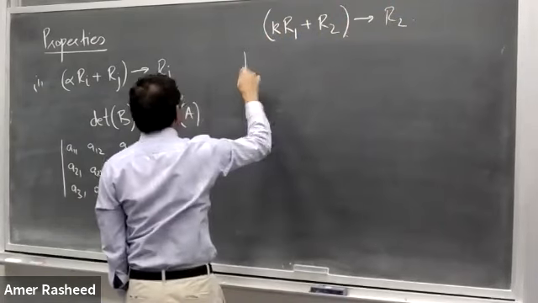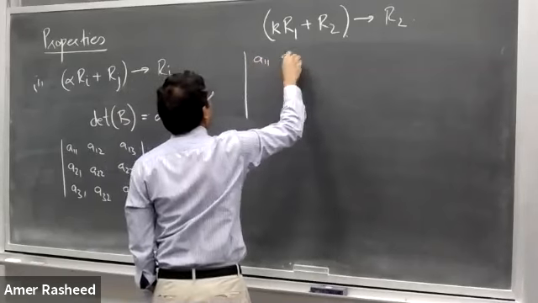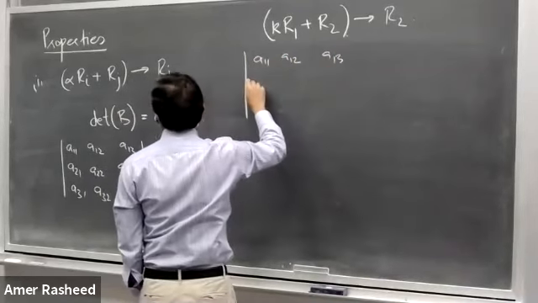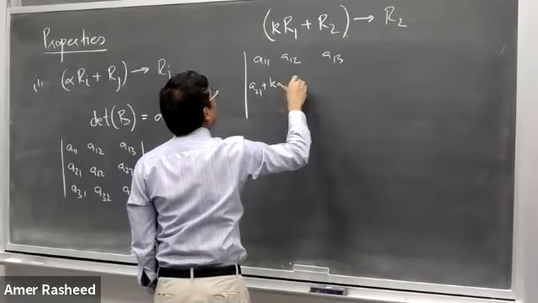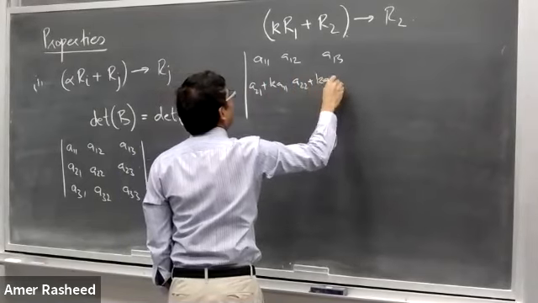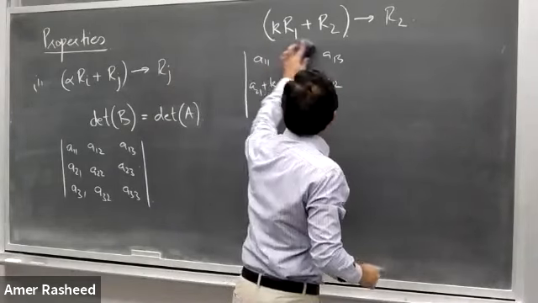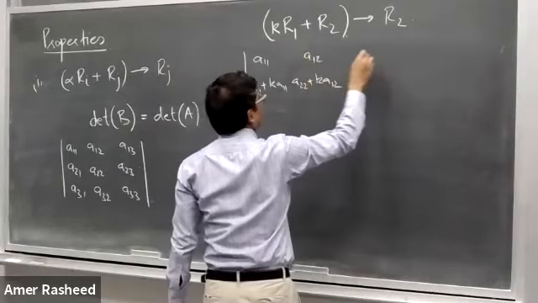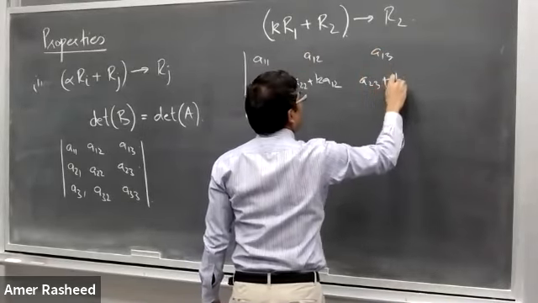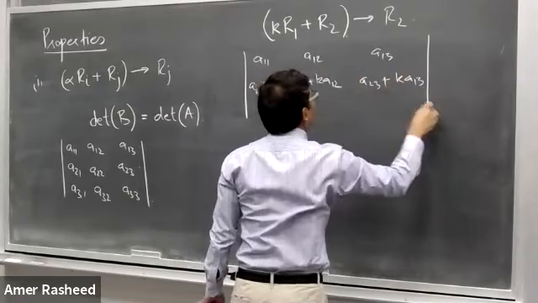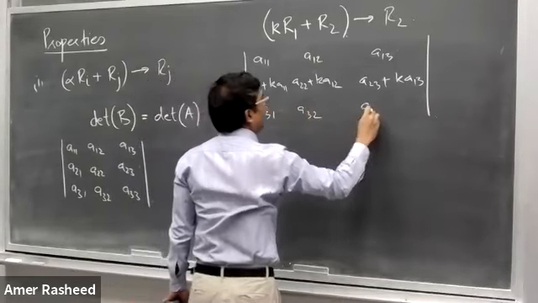So the new matrix B, determinant of B, becomes A11, A12, A13; in the second row, A21 plus K times A11, A22 plus K times A12, and A23 plus K times A13; and then A31, A32, and A33.